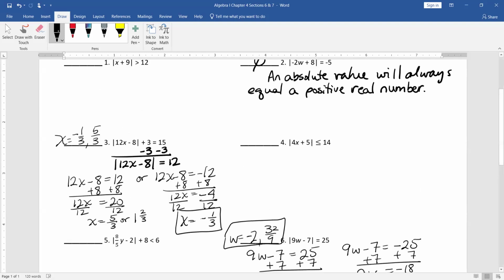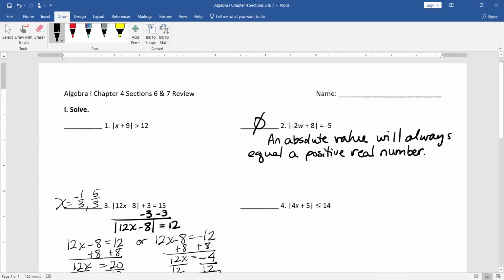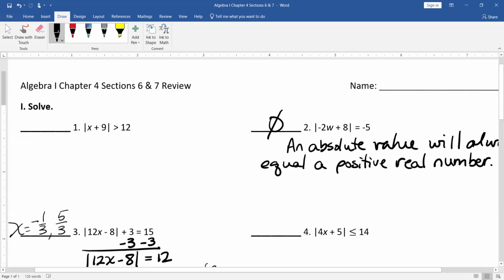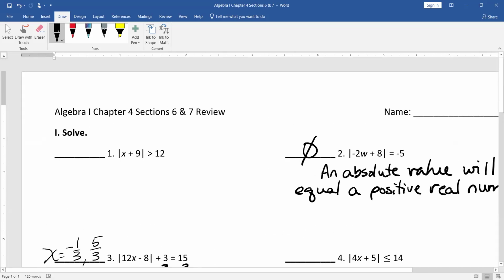Okay, so when we are solving inequalities, we have to do something a little bit different. First, if you have an inequality that is an absolute value greater than 12, you are looking at a disjunction, an or statement.